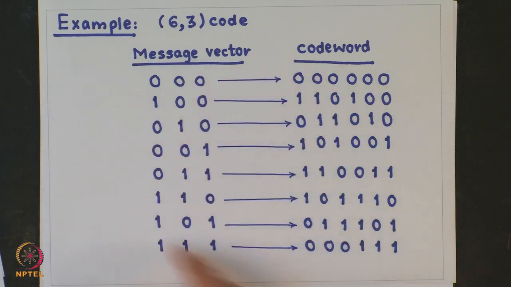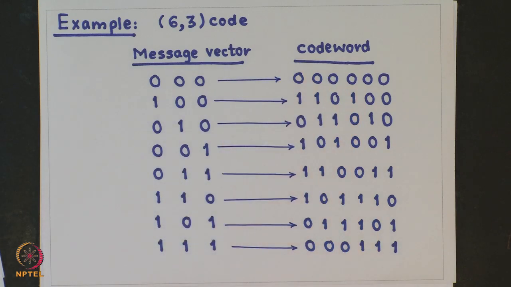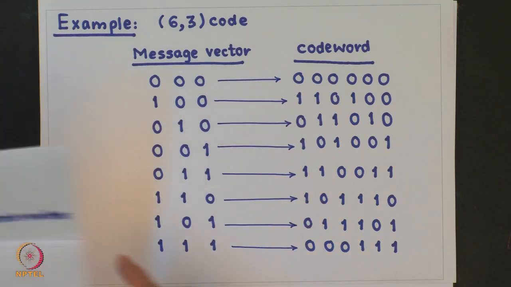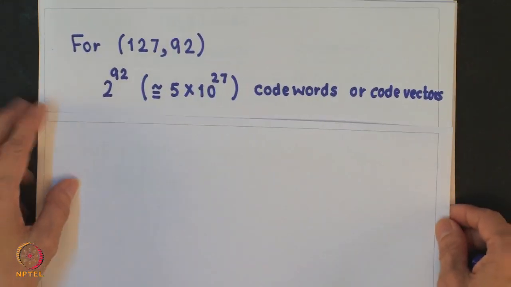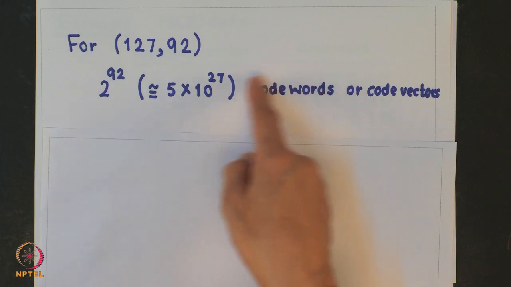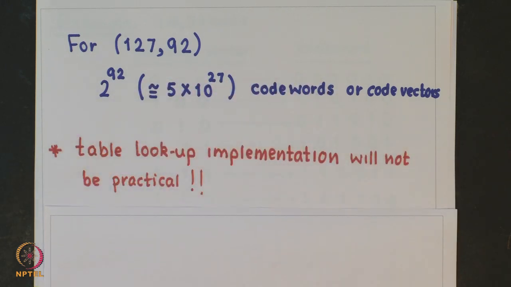Now, does this imply that we will have to set up some kind of table lookup? If we assume table lookup, then obviously in this case it will fail, because the requirement would be very huge and the implementation will not be practical.